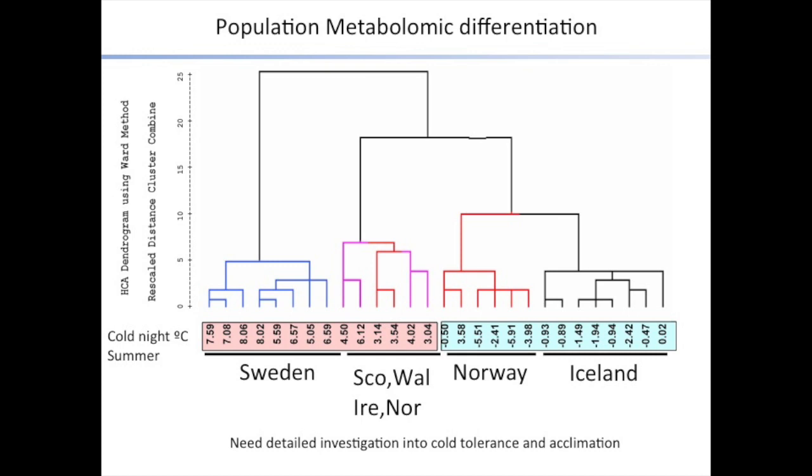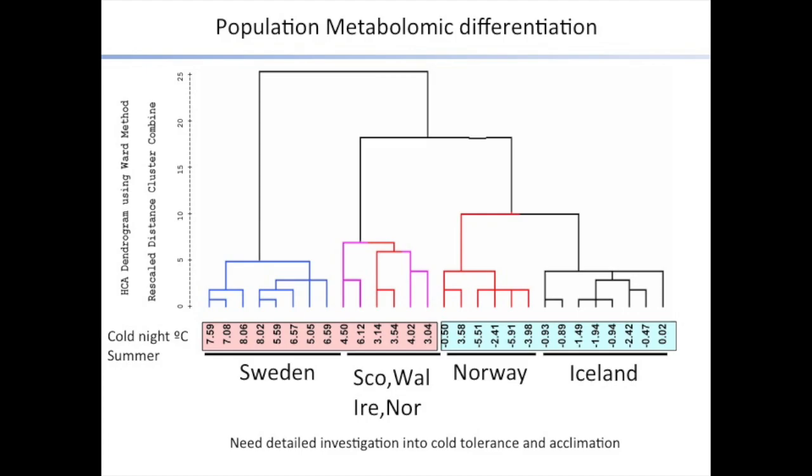When we look at the data like this, it's the same data set but explored in a different way. Again, you get these nice clustering events, and then we can overlay other environmental information. Some of these clades, again this Swedish clade here, based on its metabolic fingerprint, is a bit of an outgroup because we know it's a much younger population.